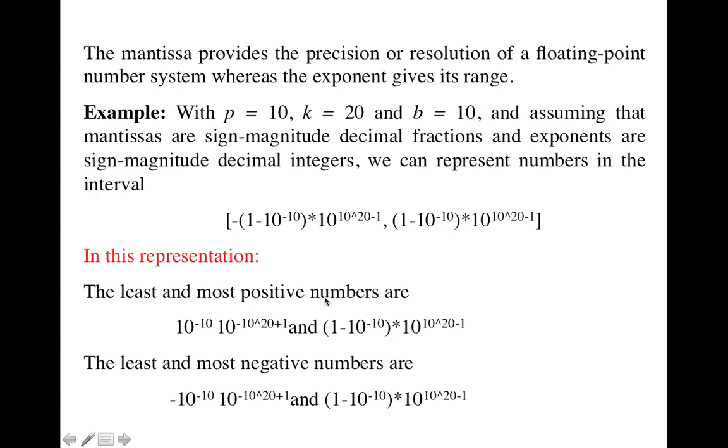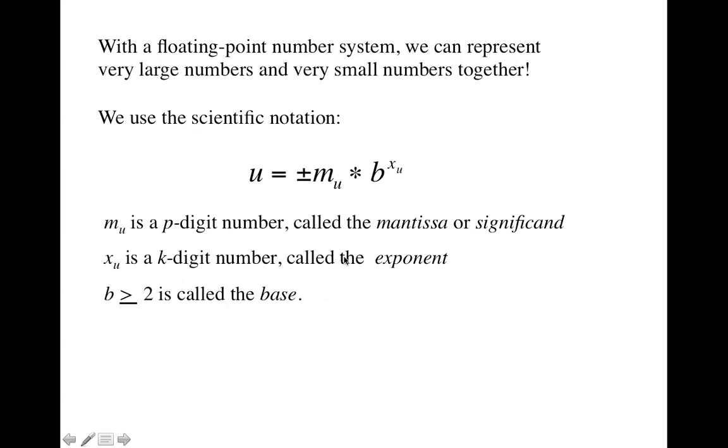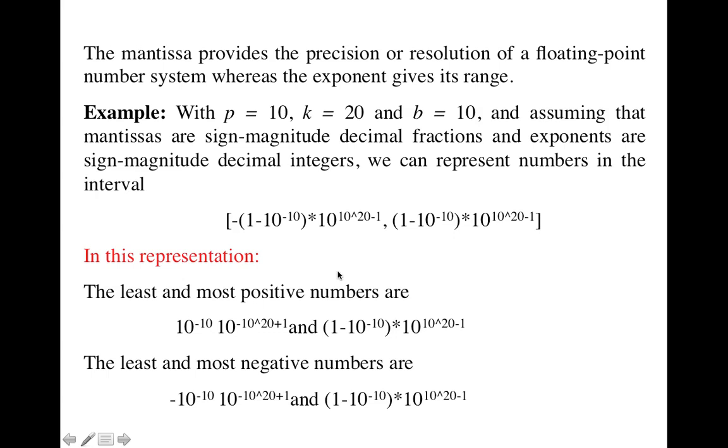And we're assuming that this is just coming out of this representation where x sub u can be a signed number with a plus and minus. And in this case, our assumption is that we're actually using a signed magnitude exponent, which would not be the case when we look at the binary version. And in the same way, the least and the most negative numbers will just have to be these numbers with a negative sign in front of them.